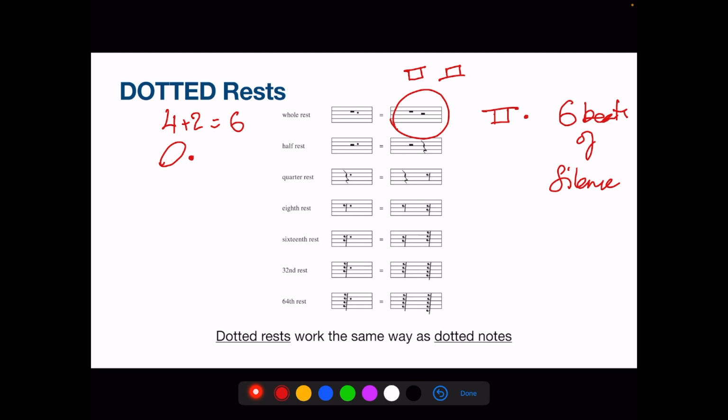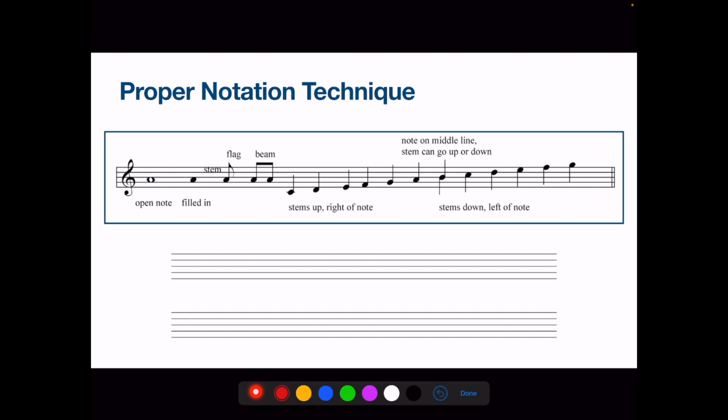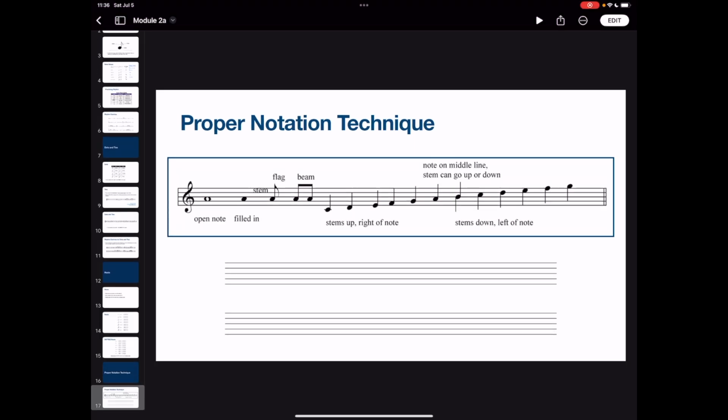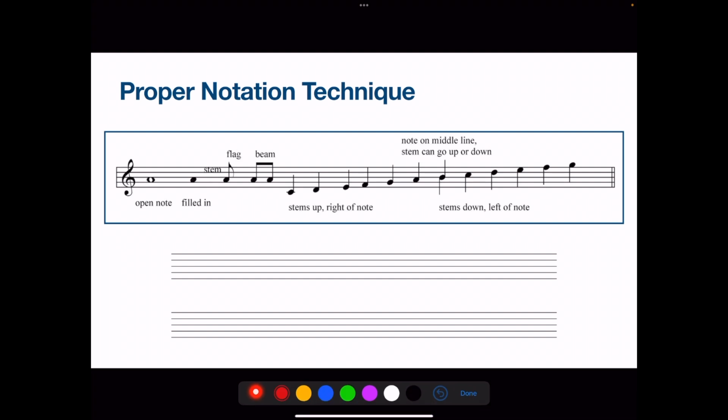All right. So now we're going to dive into what's called proper notation technique. Okay, so this is extremely important. We know that if we put a note on the staff, it has to be either on the line or in the space. So make sure that when you write these, you are trying to write them very clearly, and you're trying to put them exactly in between the 2 lines or on the line.